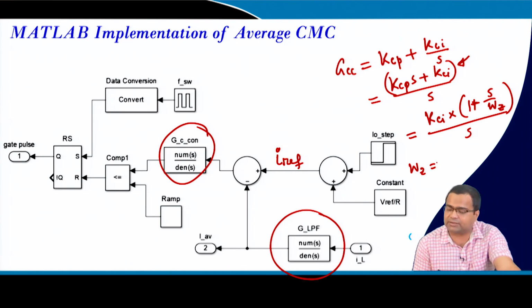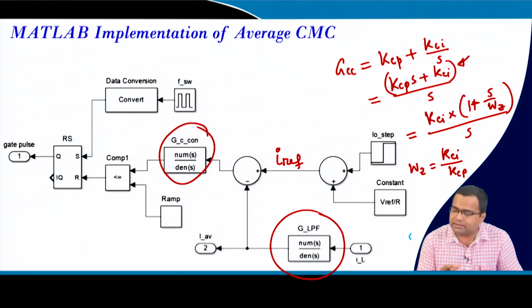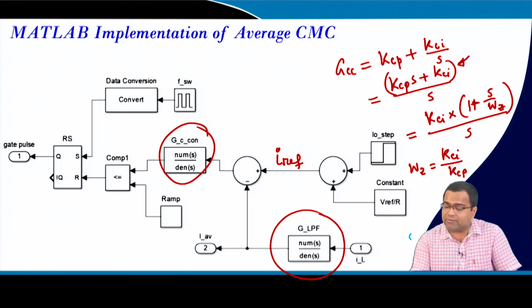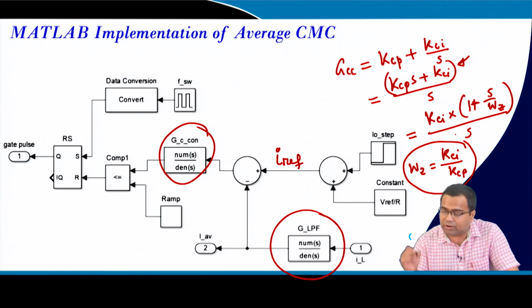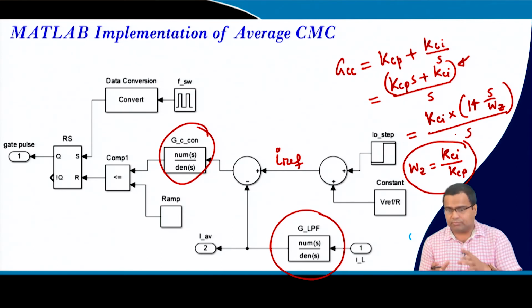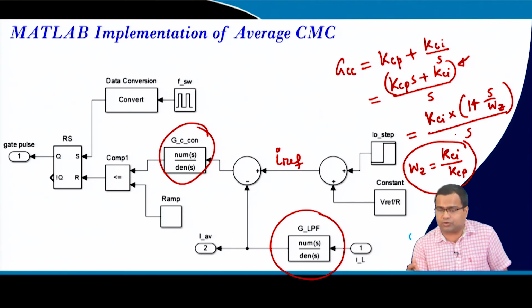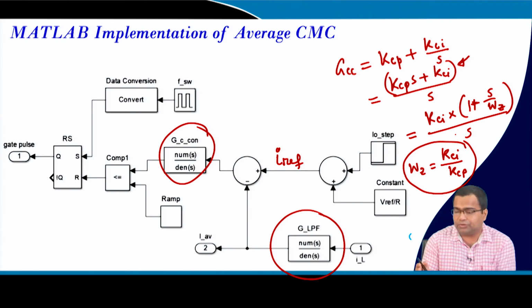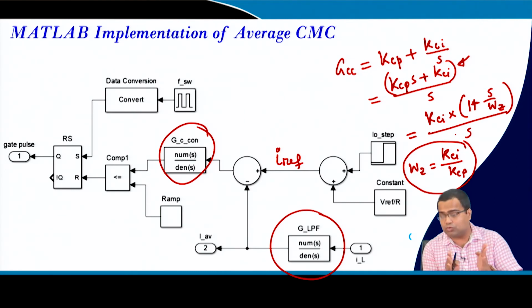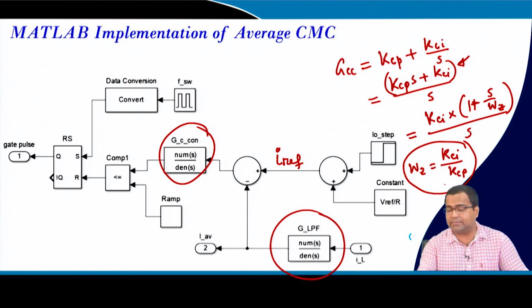It is nothing but KCI by KCP, because we are dividing by KCP. I want to place this zero, because this will ultimately go into the closed loop control, close to the imaginary axis. So I want to reduce the integral gain, because earlier I made a change and decreased this.